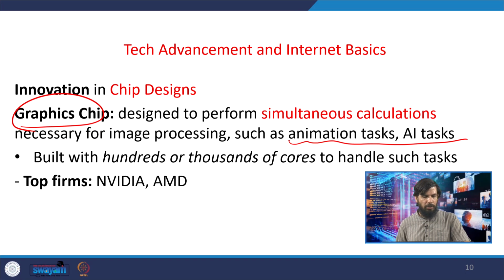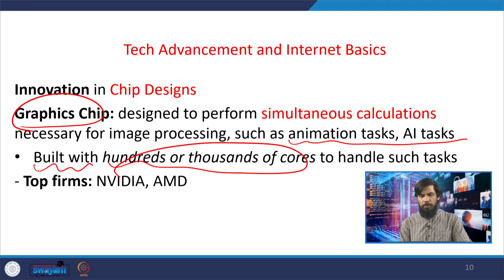So, the graphics chips come to the rescue. This is a new design that was dedicated for these kinds of tasks, for example image processing. So, what is the change in these chips? We earlier talked about multi-core chips for generic CPUs, for consumer-end CPUs. Now, here we are talking about graphics chips which are built with hundreds or thousands of cores, right.